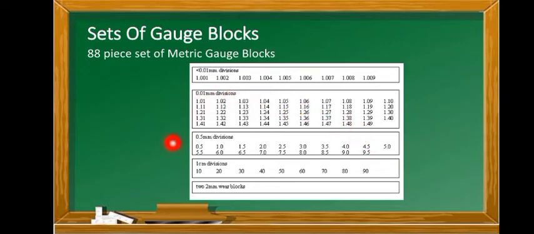And on the third group or box with 0.5 millimeter divisions, this contains 19 blocks from 0.5 to 9.5. And on the fourth group of blocks with 1 centimeter divisions, or 10 millimeter divisions, this contains 9 blocks from 10 to 90. And we also have here the 2 wear blocks which both have the same length, which is 2 millimeter.